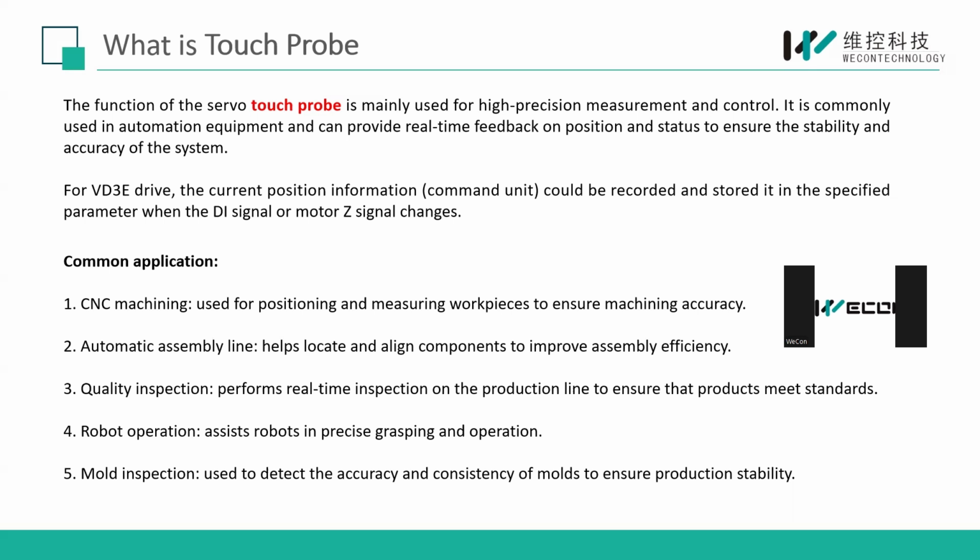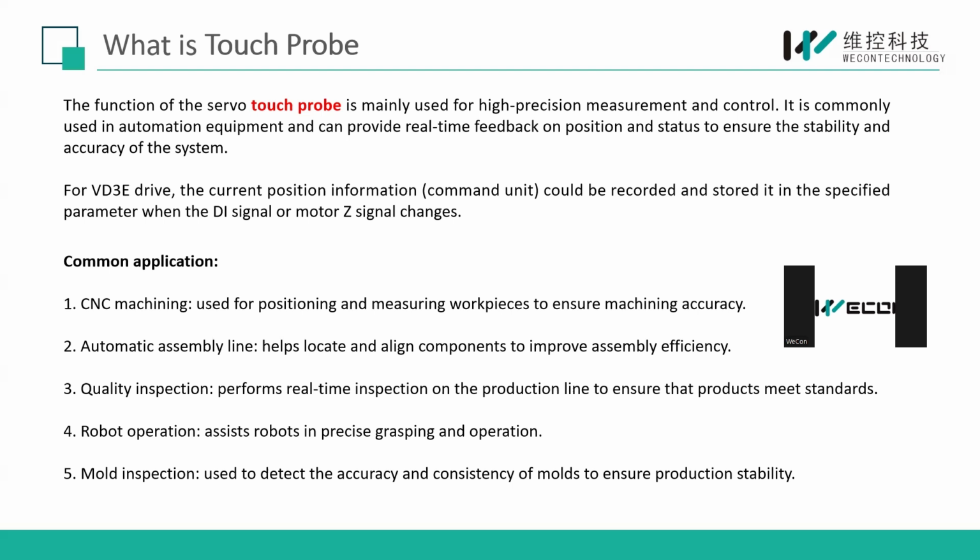So we have this TouchProbe function. This function we need to use DI input of driver to record the position, so it will not be affected by communication. It means we will use driver to record the position first and store this position information in driver, and then we use PLC to read the position. So the order is different.